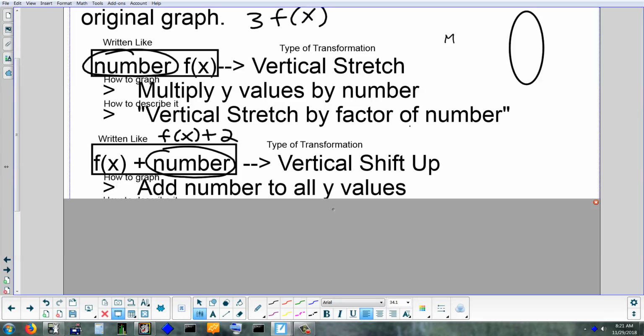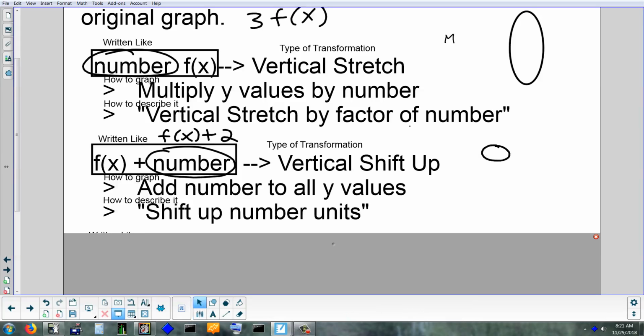And the way you would describe this, so if that was your original picture, and you did this to it, the way you would explain what you did to someone is you would say, shift up number units, shift up 2 units, shift up 5 units, shift up 8 units, right?